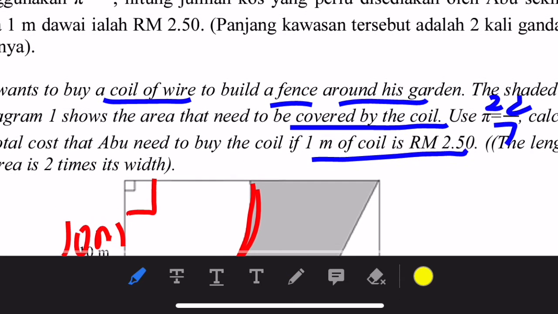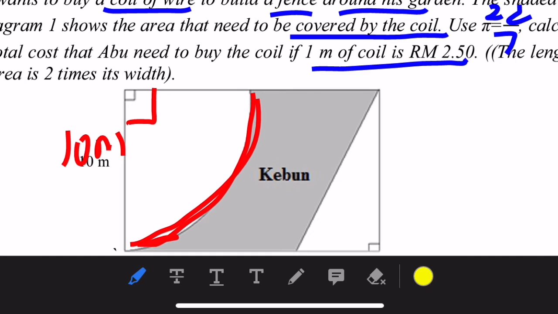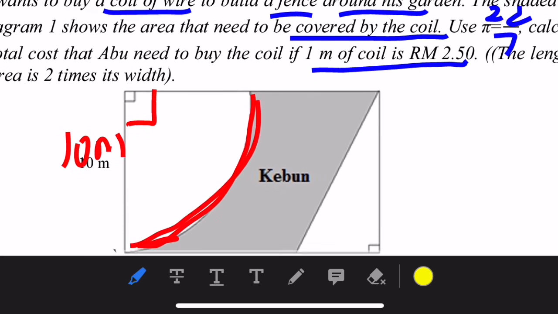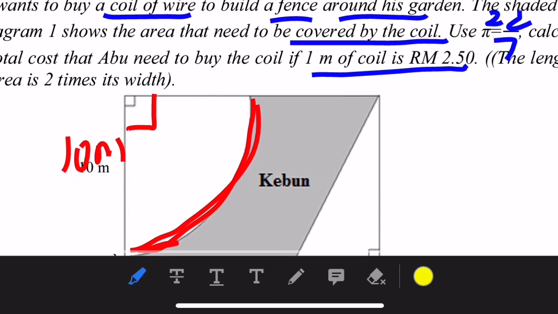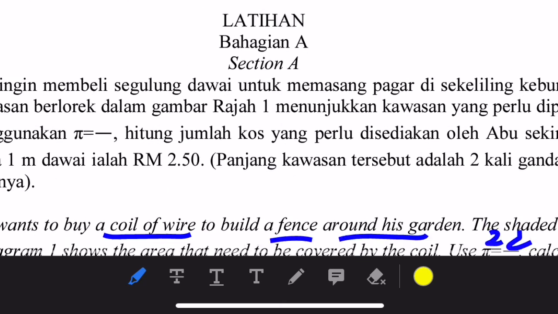Alright, so we read the question first. Shaded area. The information here is this is a rectangle, right? The question did mention rectangle.